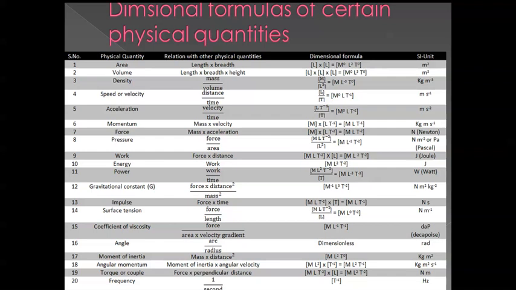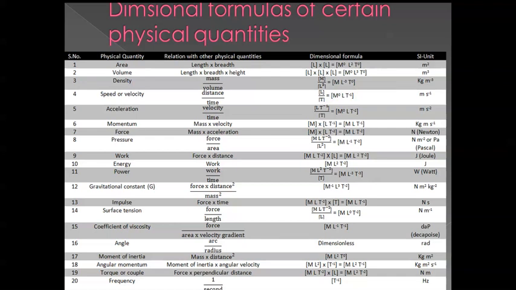Distance is nothing but length, so length square, that is L square. And mass: the dimension formula of mass is M, so M square. You can substitute and simplify this. You will get M power minus 1, L power 3, T power minus 2.